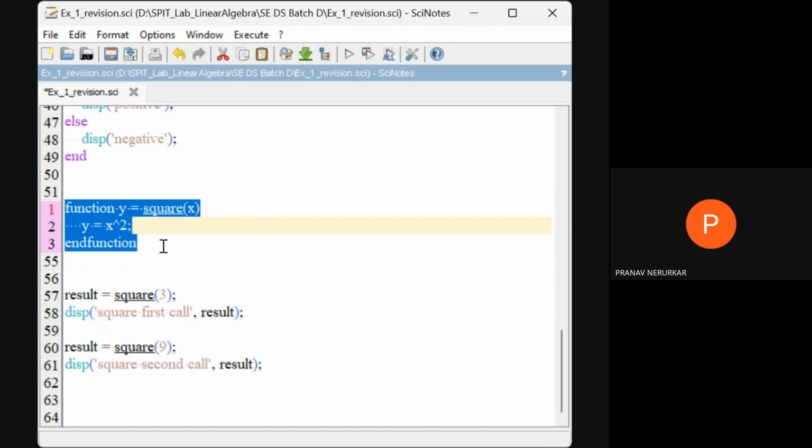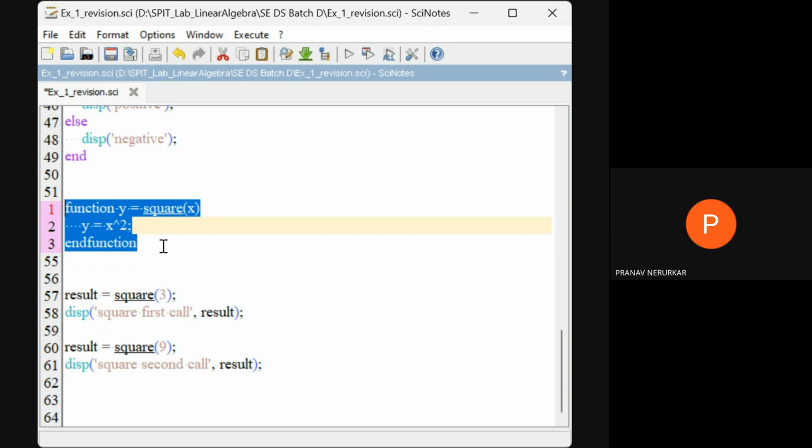Then we need them because especially in Scilab, when we use Scilab for optimization, we have a function and we would like to find out where we get the minimum of the function or where we get the maximum of the function.